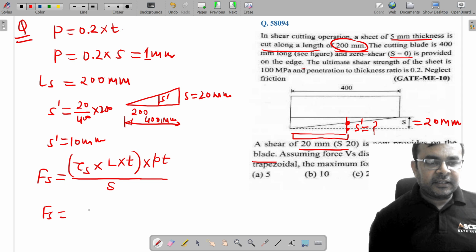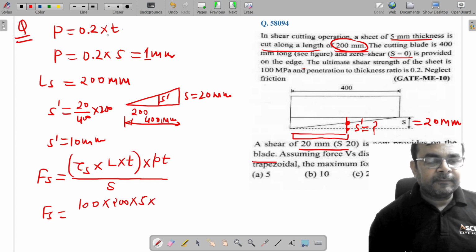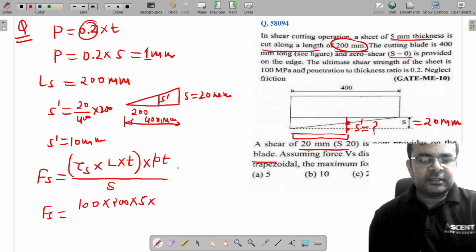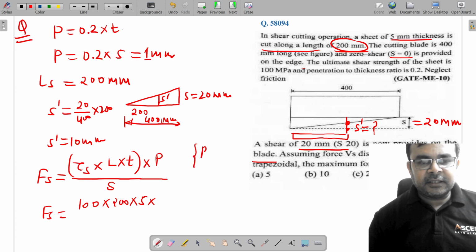So now we can get the correct answer. Correct? So this is 100 into length 200 into thickness 5. And what about pt? You can see this 0.2 is nothing but small p. So instead of writing pt, can I use capital P? And here I am writing one comment, that capital P is equal to small p into t.